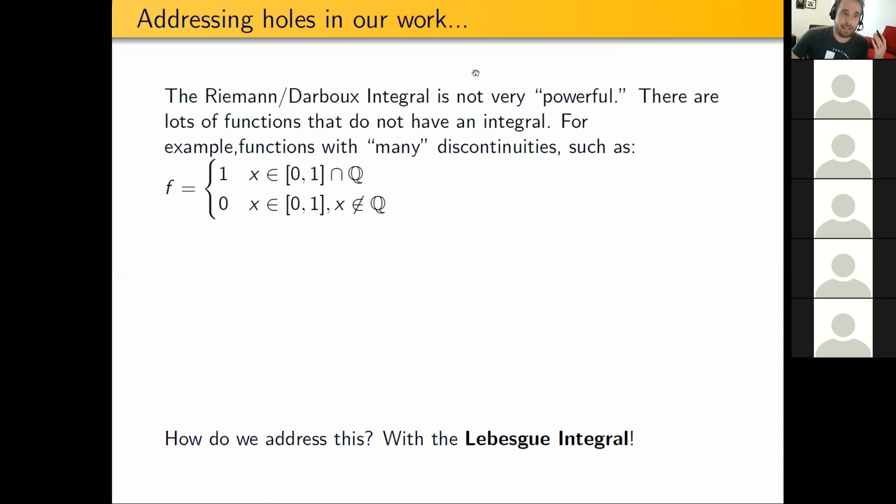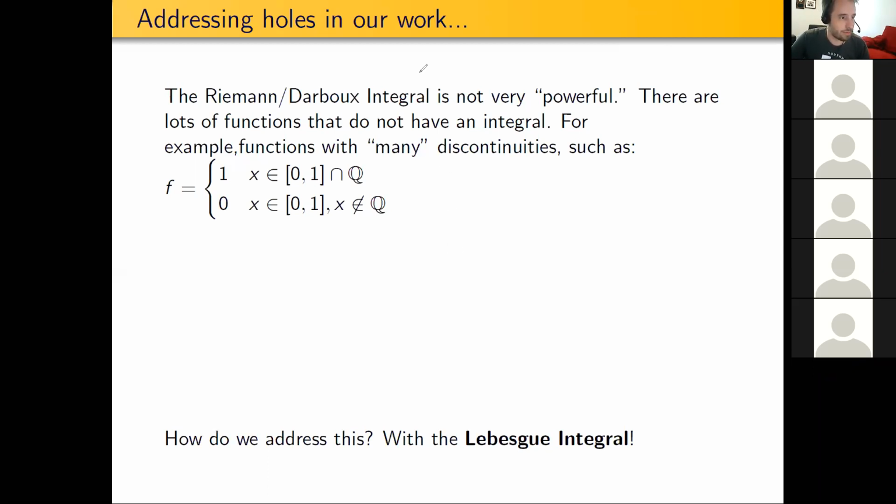And what I mean by that is that there are a lot of functions that are not Darboux integrable. For example, functions with lots and lots and lots of discontinuities are not Darboux integrable in a certain sense, right? So we have to define what we mean when we talk about many discontinuities.